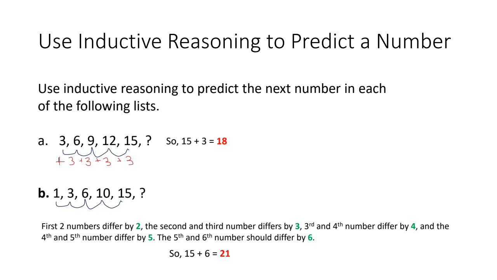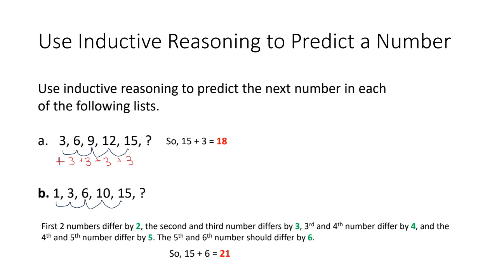And for B, we can also look at the differences. Starting from 1 to 3, 3 to 6, 6 to 10, 10 to 15, notice that this time it's not constant. On A, you're always adding 3, but there's still a pattern. From 1 to 3, you have a difference of 2. From 3 to 6, a difference of 3. From 6 to 10, a difference of 4.